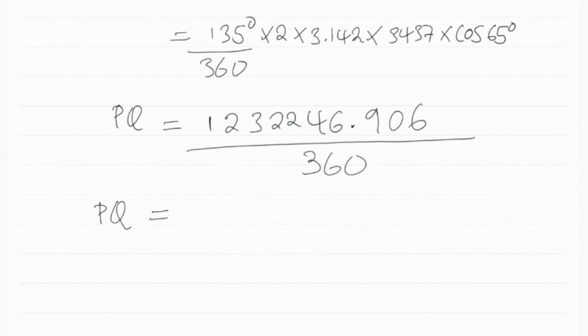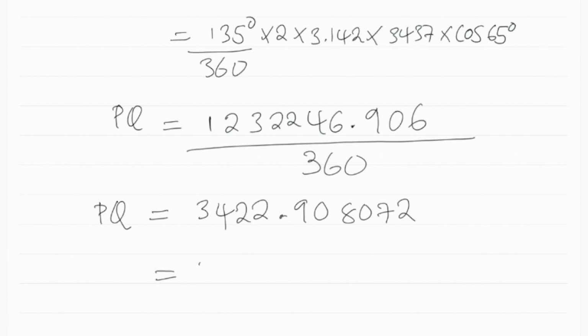And when you simplify further, you're going to have PQ equals 3422.908072. We are writing everything in order to avoid landing into premature rounding off.